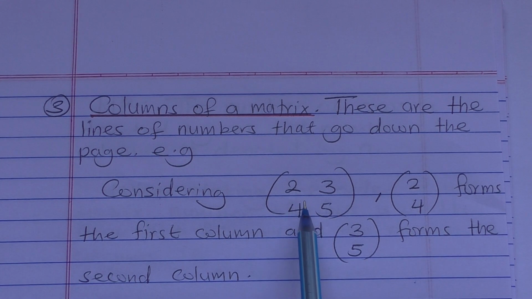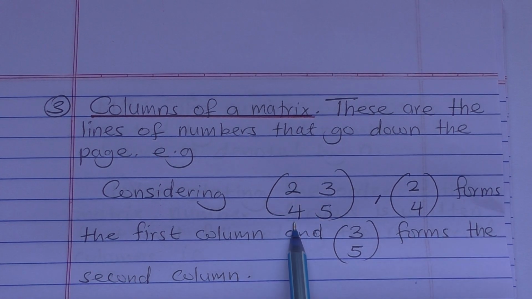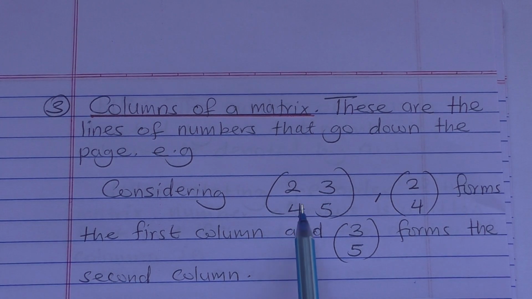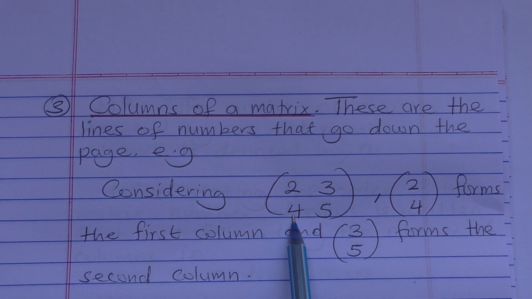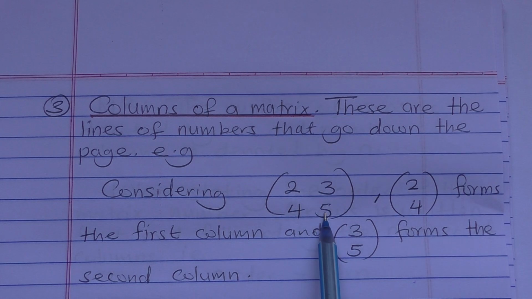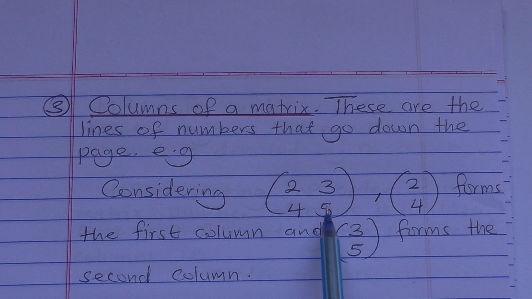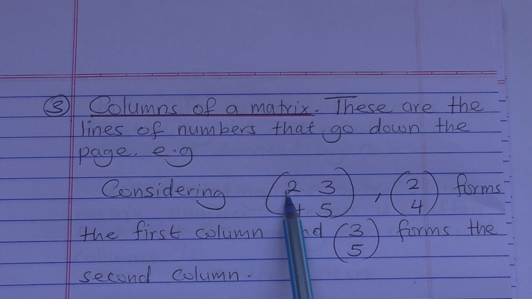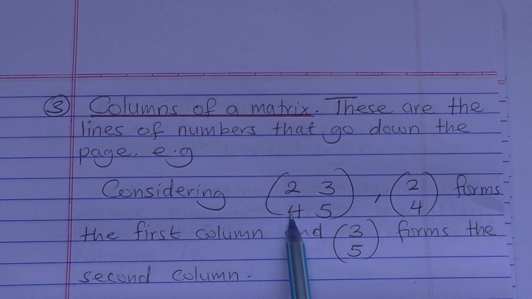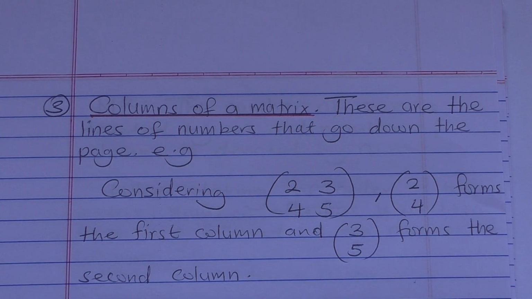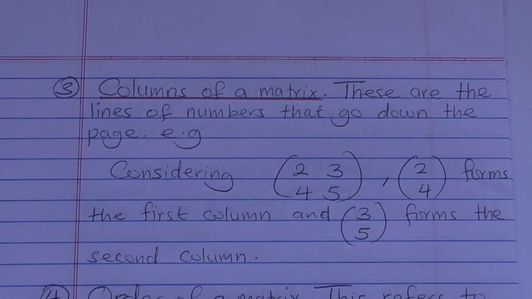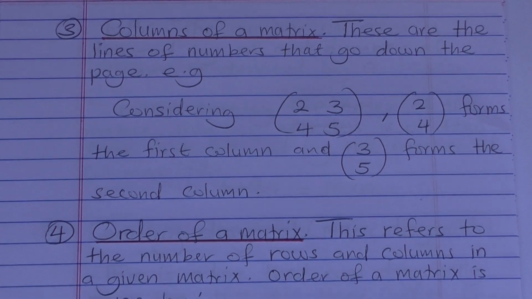So, meaning that this matrix has 2 columns. 2 and 4 are in the first column, 3 and 5 are in the second column, meaning that this matrix has 2 rows and 2 columns. So those are the rows and columns of a matrix.